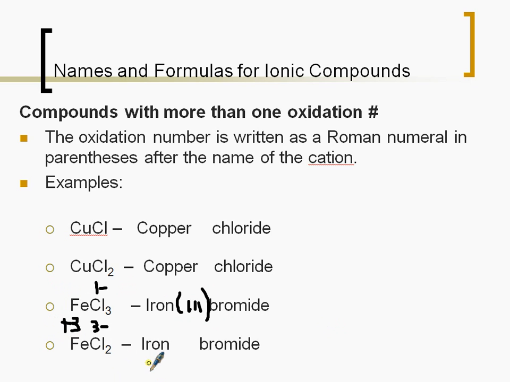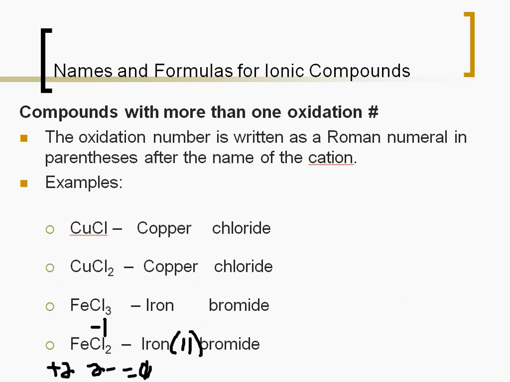Last example in this set, I know that bromine is again a -1, but I have two of them, so it's going to be a 2-. This iron has to be a +2. So +2 -2 equals 0, which is what I want. This is going to be iron 2 bromide.